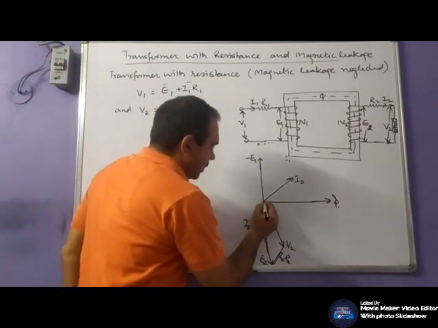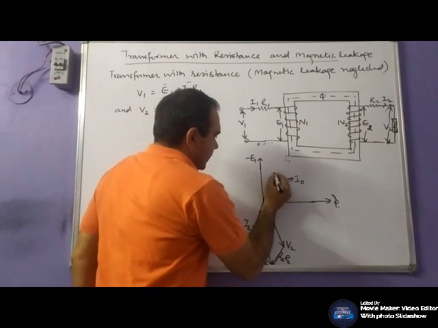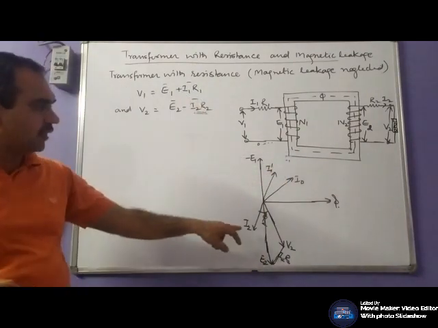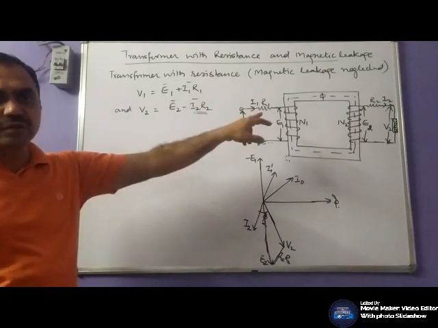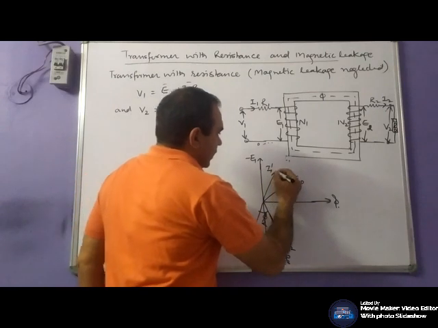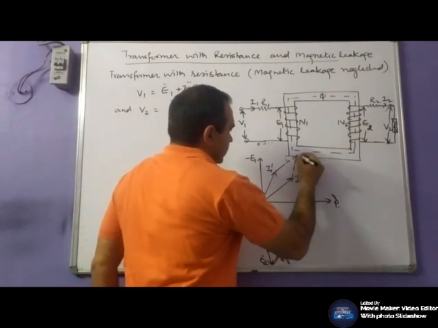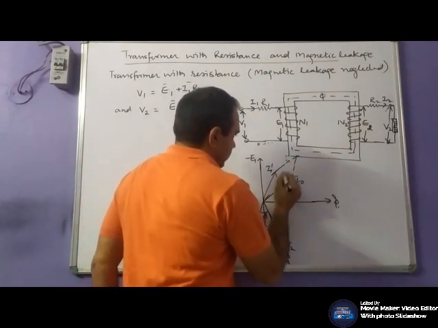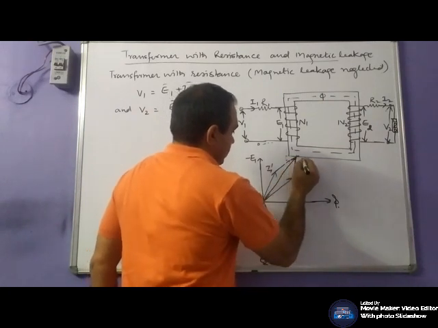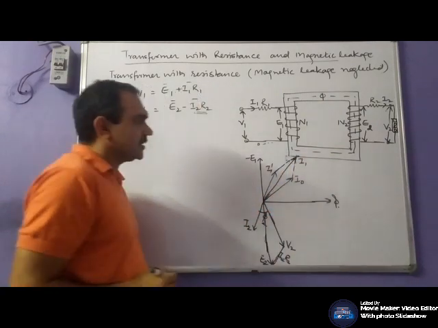Now come to the primary side. I1 dash is in phase opposition to I2, at an angle of 180 degrees. I1 is the phasor sum.